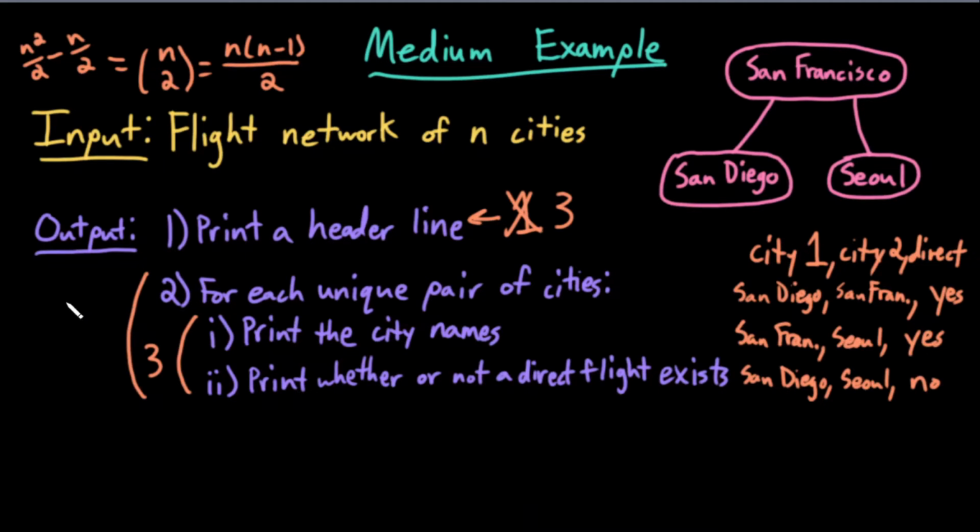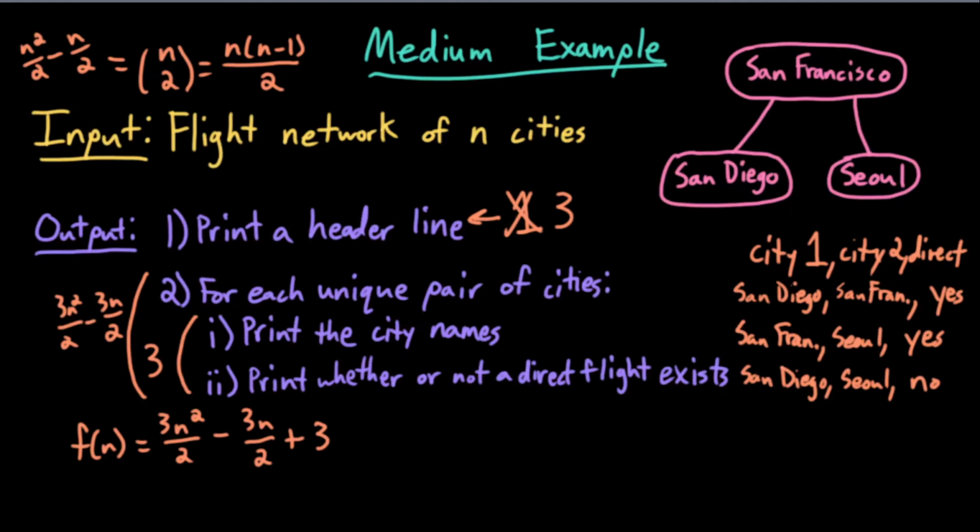So let's say this is 3n squared over 2 minus 3n over 2 overall. So first, our function f of n, which is the number of operations versus input size n, is 3n squared over 2 minus 3n over 2 plus 3.